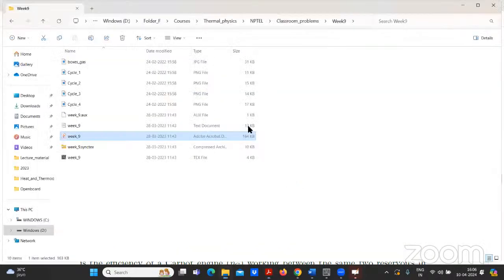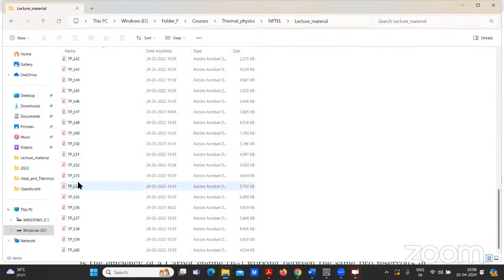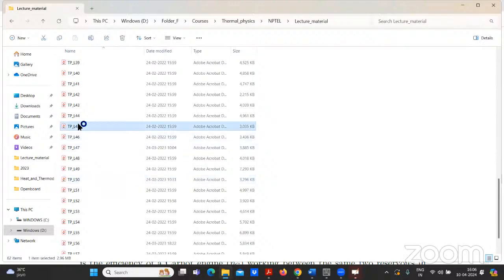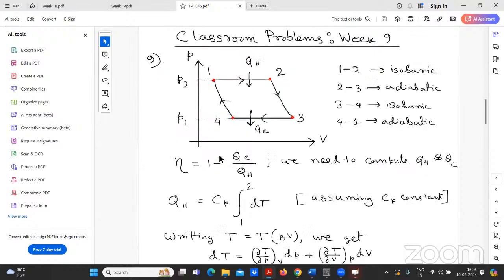If we look at lecture 45, let me just open lecture 45, then we can understand it better. Right, in lecture 45, yeah, here we have solved this problem.